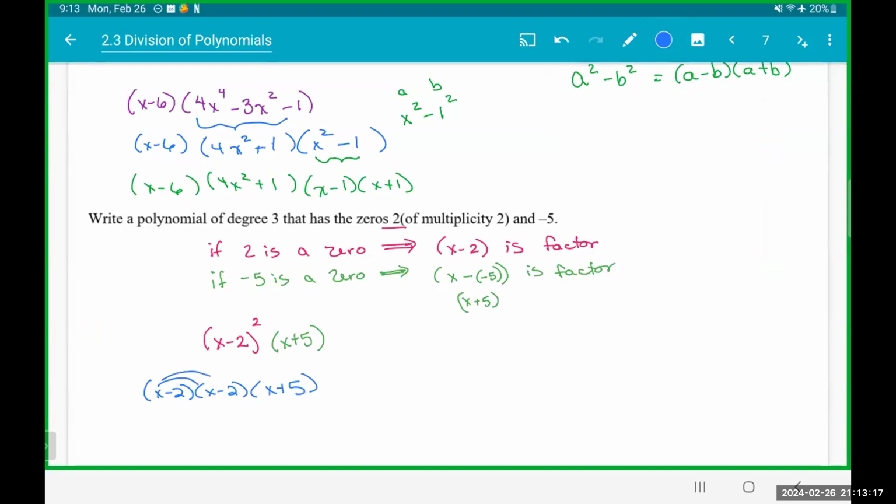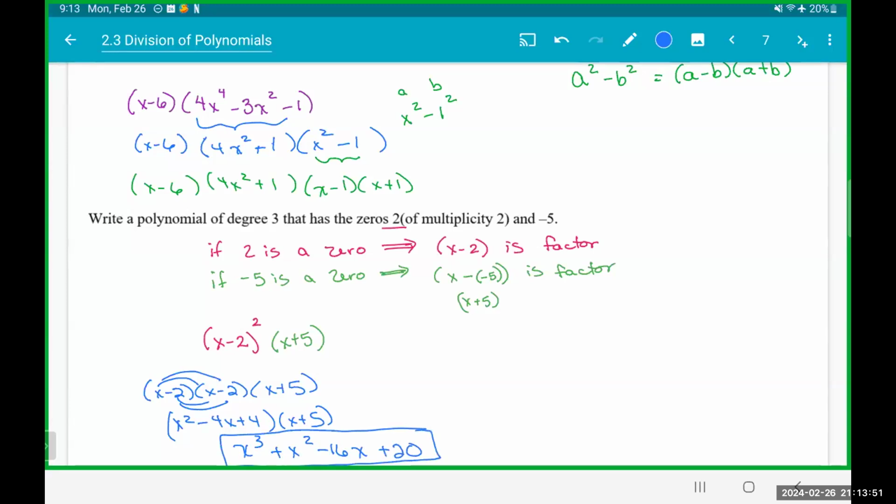So when we do FOIL on the first two terms, we end up with x squared minus 4x plus 4 times that x plus 5. We FOIL all of that up and we get x cubed plus x squared minus 16x plus 20. So that would be the polynomial of third degree.